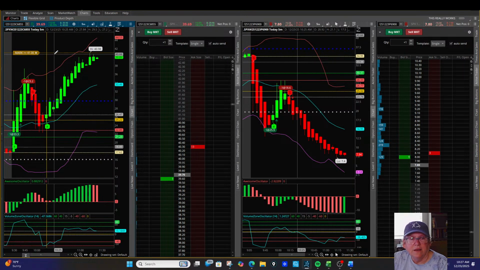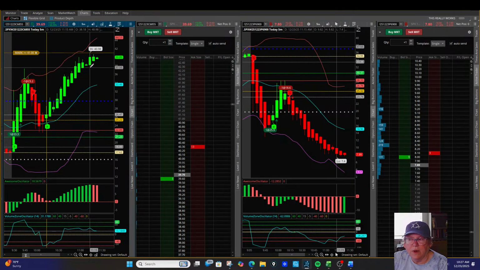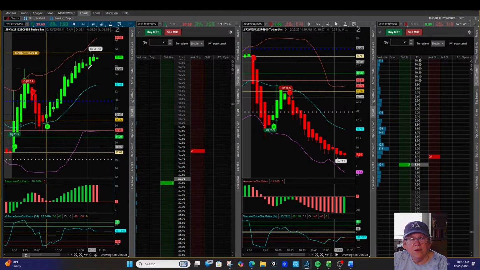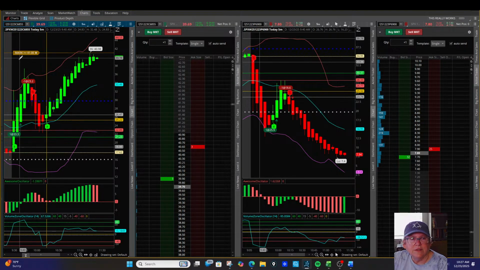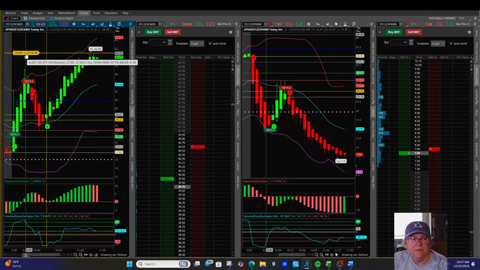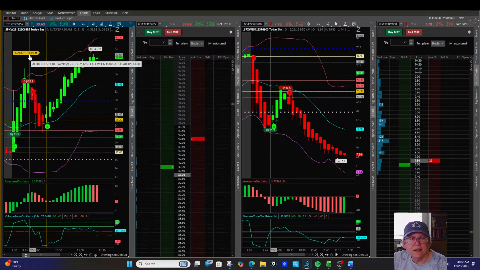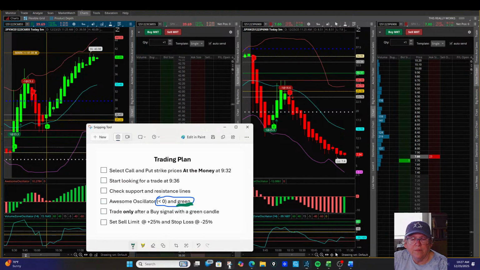My alert went off at 41, but here it only shows it hitting 40.98. So I have set another alert for 41 because the first one went off. I'm just waiting to see, and if it hits that, that tells me that okay, you can trade something that is greater than 0 in red.